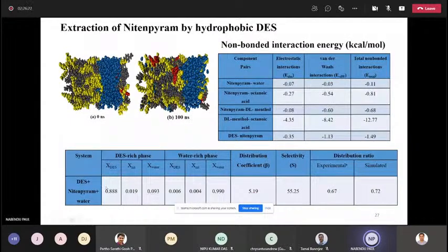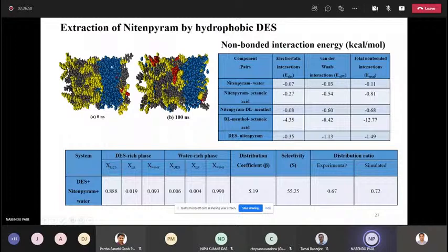Here you can see the distribution snapshot from 0 nanoseconds and 100 nanoseconds of the simulation done. Initially, the red one is the drug, the gray and yellow is the DES, that is HBA and HBD, and the blue one is the water phase. So initially the drug was present in the blue part, the water phase.